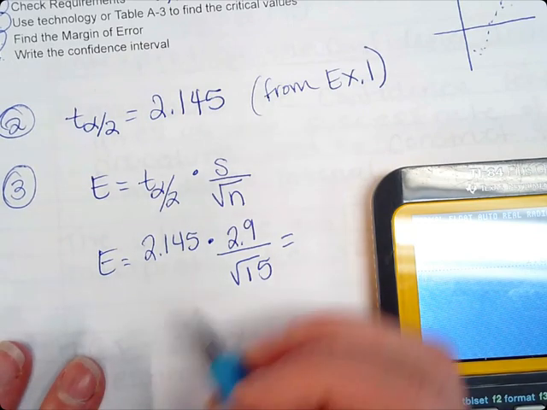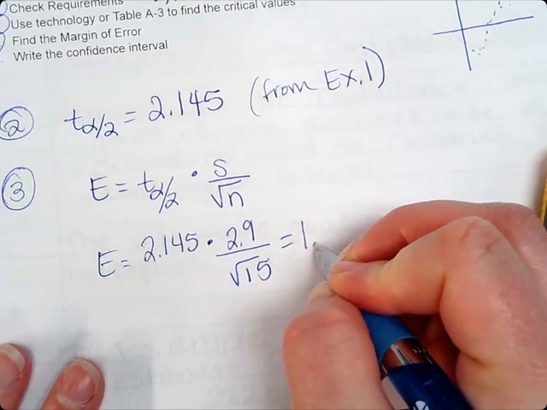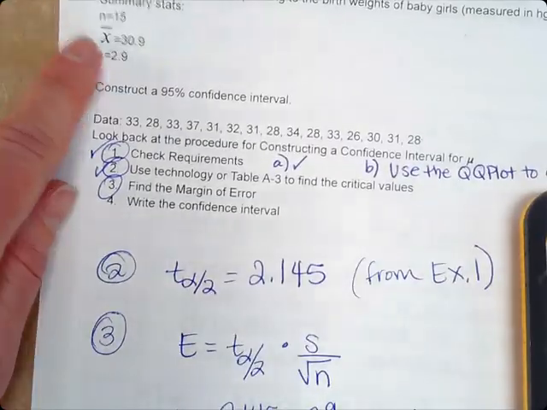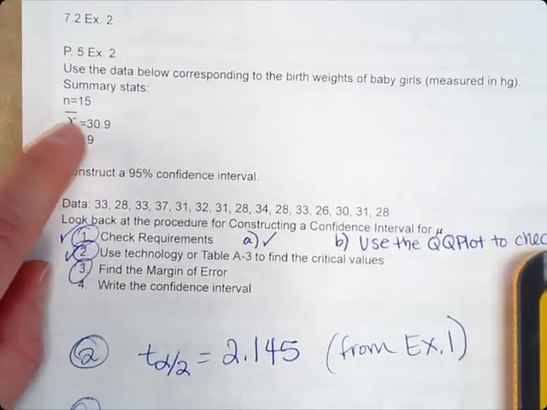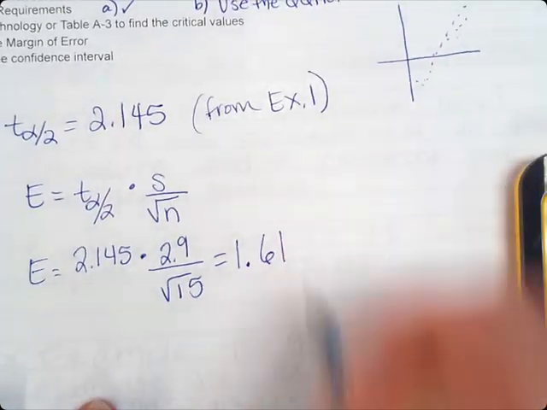Since we have the summary stats that we're using, we're going to go one more decimal place than those summary stats. So it'd be 1.61.